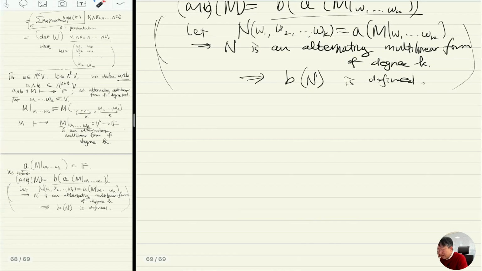Now you may wonder how can you easily see this? Well, one way to see this is, the whole purpose of this kind of definition is to make the following true.